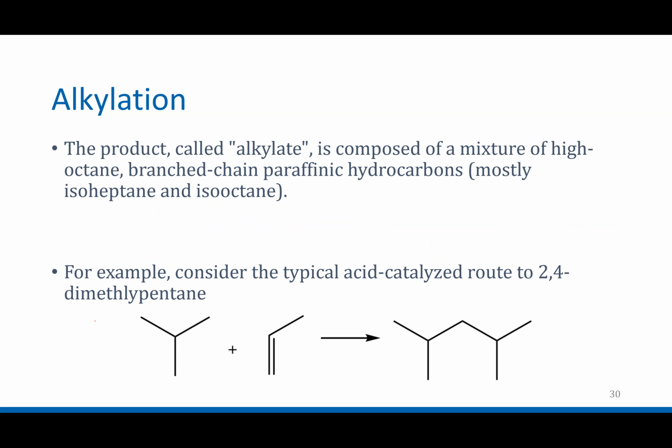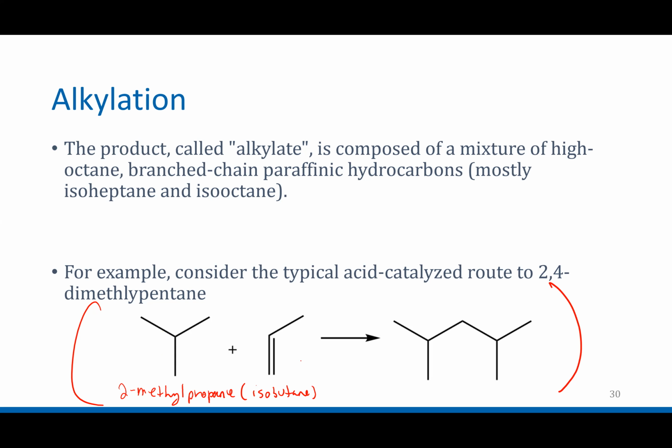So here's an example of alkylation on the bottom. And I wish I was in front of you to show you this. Let me draw it first and then I might find a way to show you. But here I have my isobutane. You could also call it 2-methylpropane, but this is traditionally called isobutane.